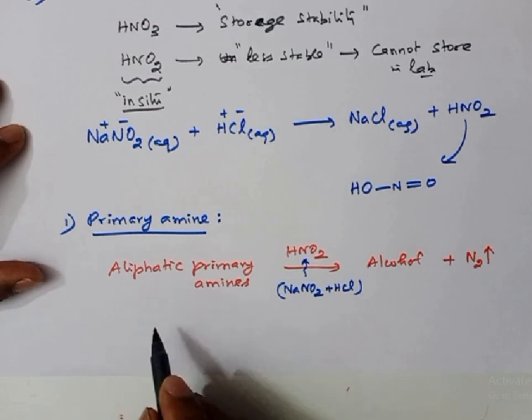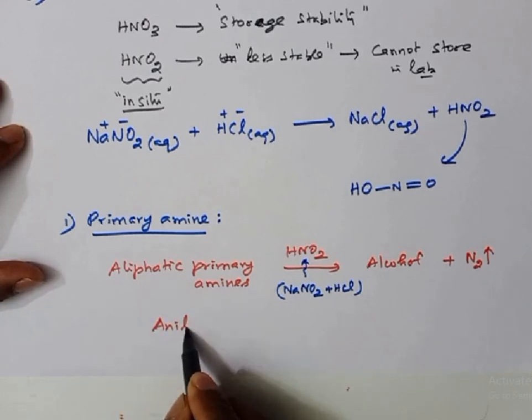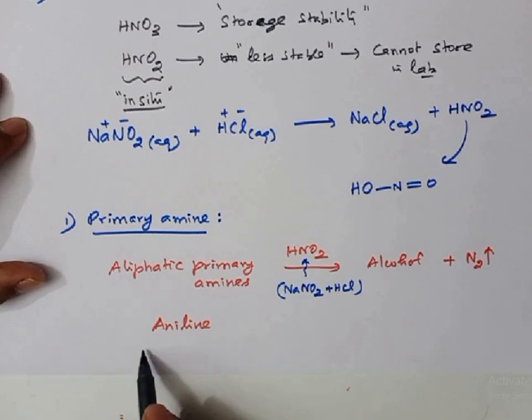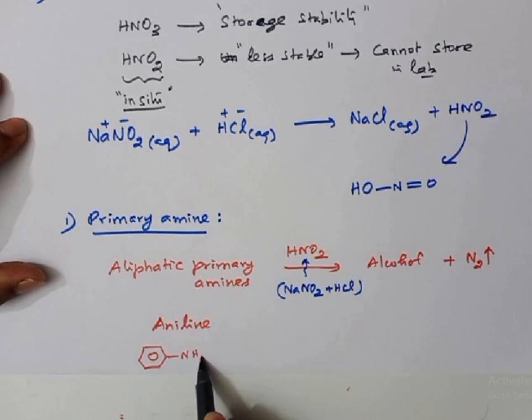With aniline, I'll take this one. This is very important. Aniline is also a primary amine, student. You know very well. See the structure of aniline. Aniline is also a primary amine. See, nitrogen has 2 hydrogen atoms. It's a primary amine.